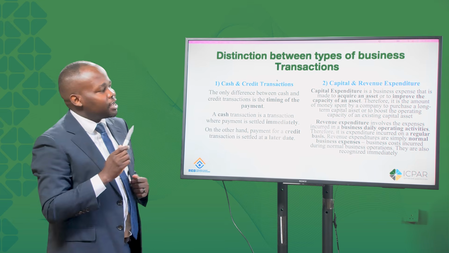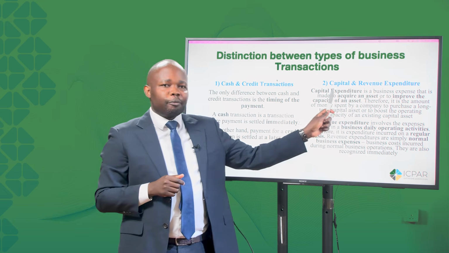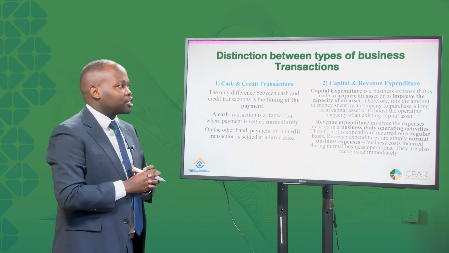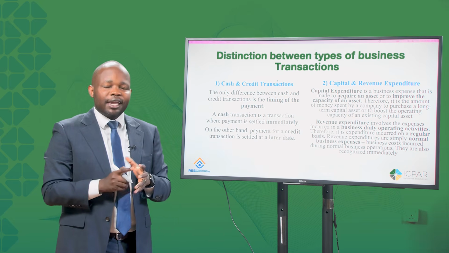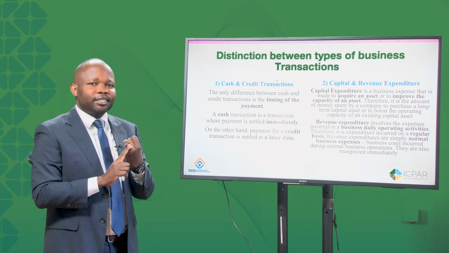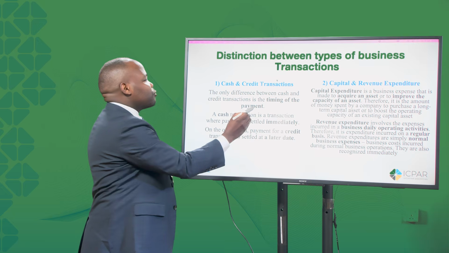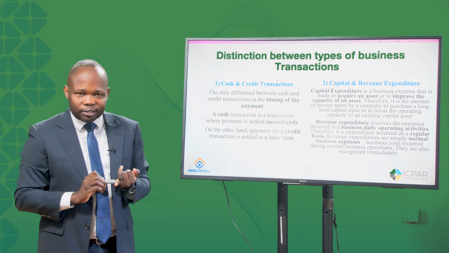And the second one is the difference between what we call capital and revenue expenditure. Let's start with cash and credit transaction. In a cash and credit transaction, the difference is the timing of payment of the transactions.